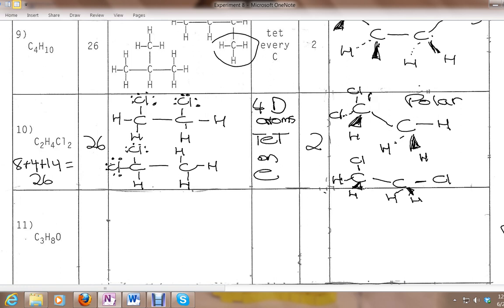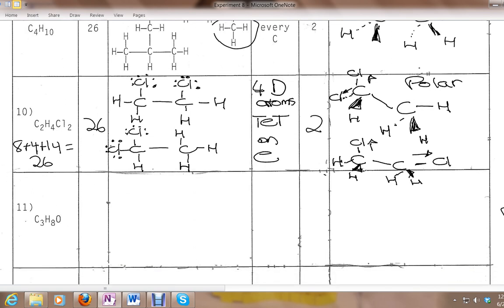The vector is going this way and this way. Do you see the resultant is going up? And here it's going this way and here, the same one. So it's going this way. Because it's equivalent, it's not like the cis and trans isomer. So yes, it is polar.